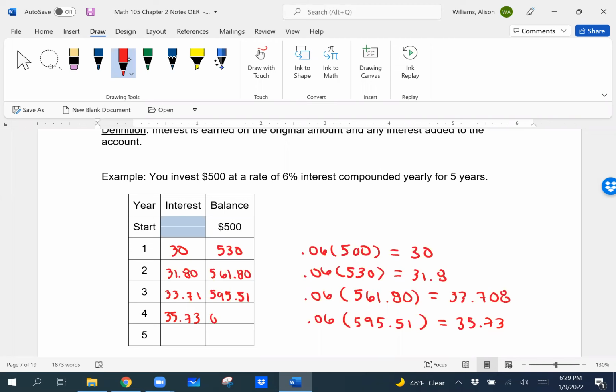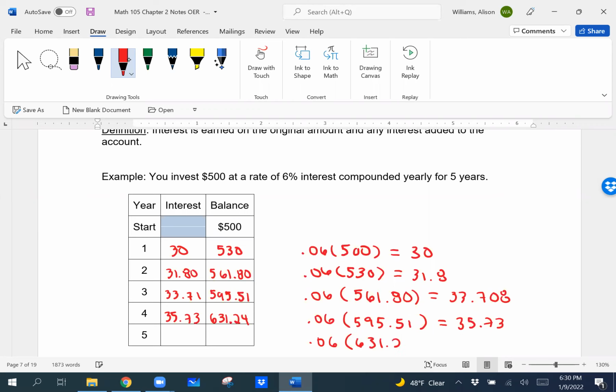And that's going to be 631.24. Sorry, I entered something in wrong and had to re-enter that. Okay, there we go. All right, so now I'm going to calculate the interest on that. And we are starting to see a difference, right? Now we've earned on year 4, $5.73 more, but technically we've been earning a little bit more every year. So overall, we're earning a little bit more than we would have with simple interest.